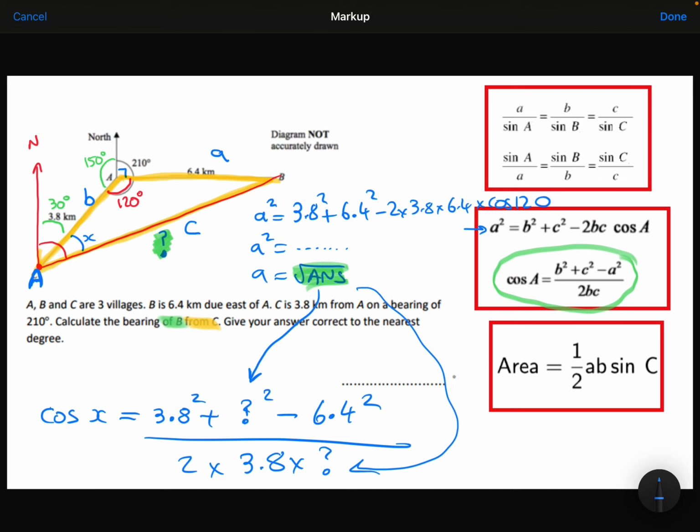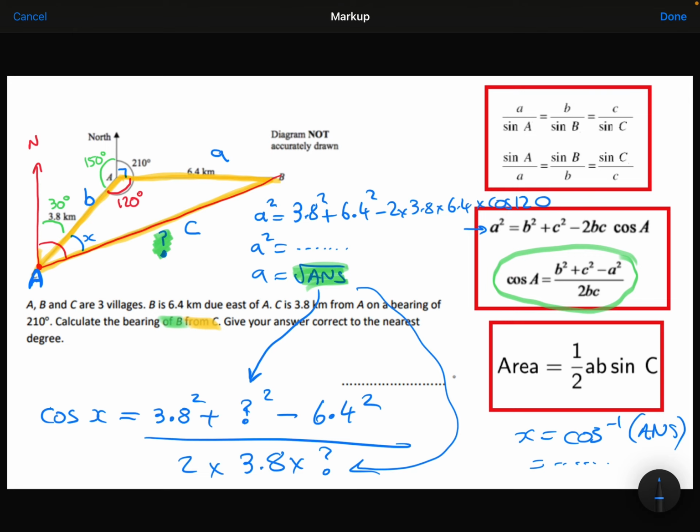Putting that into your calculator will tell you what cos X is. So we're going to need to then do cos inverse of whatever you've got on your calculator now. And that tells you the angle X.